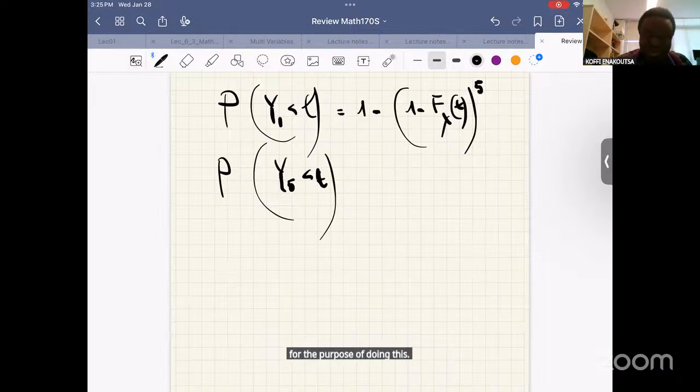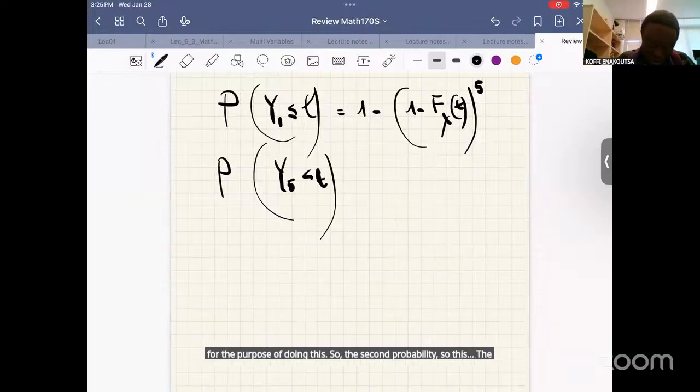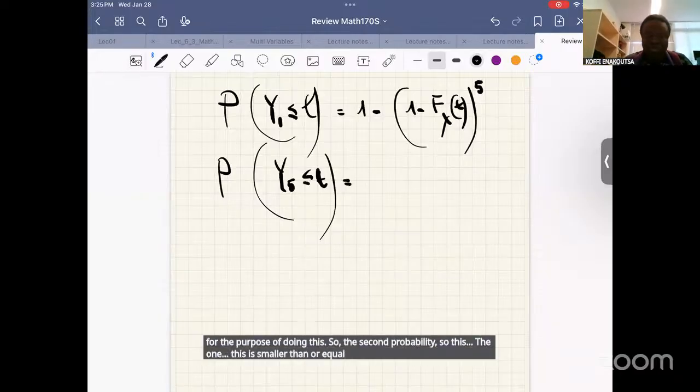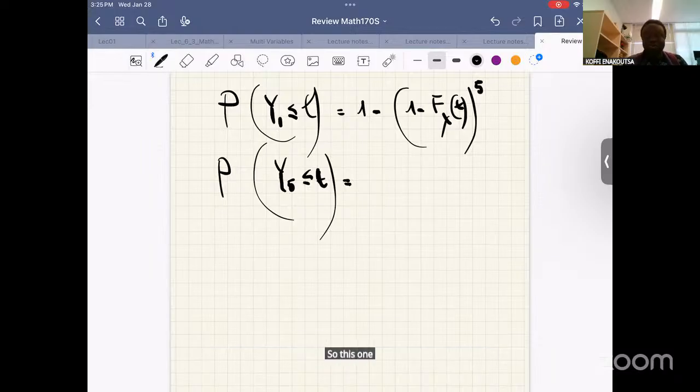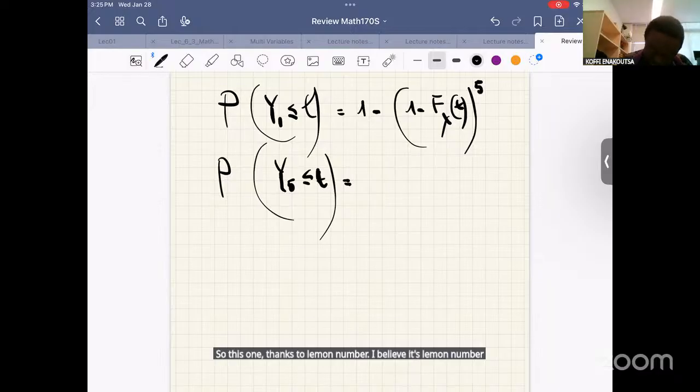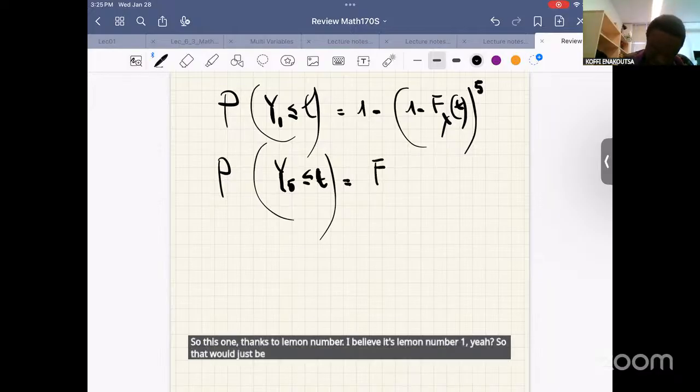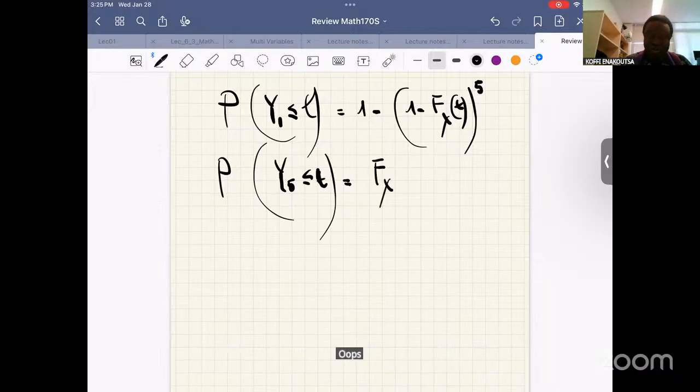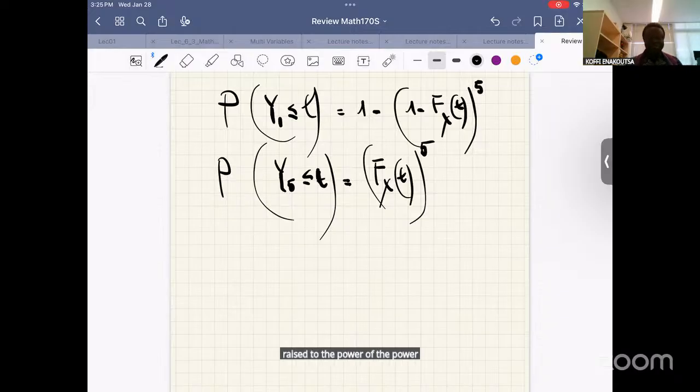So the second probability, this is smaller than or equal. So this one, thanks to lemma number 1, that will just be F_X, one of the F, because they're identical, at t, raised to the power n, that is 5.